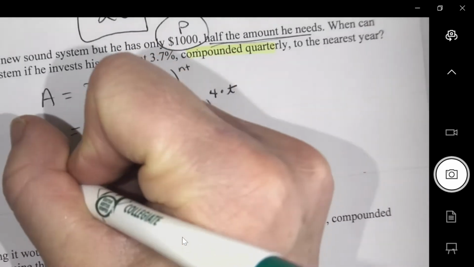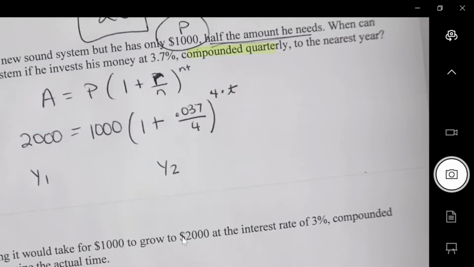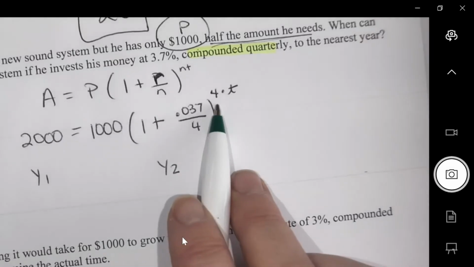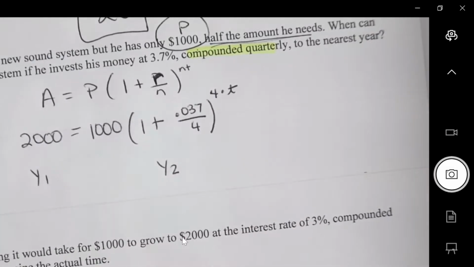Okay, I'm going to put this in Y1 and I'm going to put this into the Y2, because you don't have a strategy in algebra for solving an exponent variable.